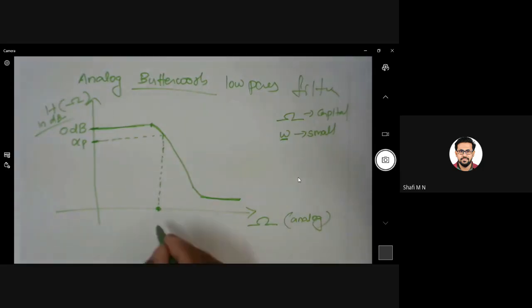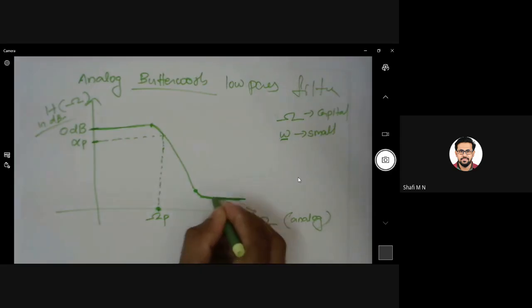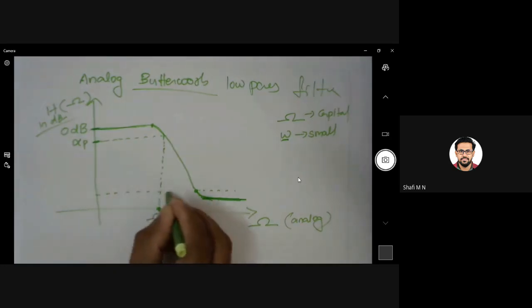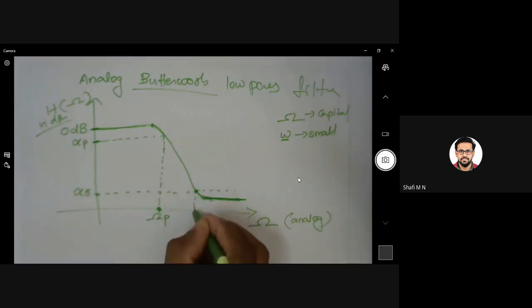FP, and this is the omega axis, so it will be omega P. Similarly, in the stop band also, I'm going to give a tolerance level like this, and that can be called alpha S. And this is my omega S, stop band edge frequency. If it was F, you can use FP and FS, no issues, but here we use omega, that's why I'm using the symbols omega P and omega S.